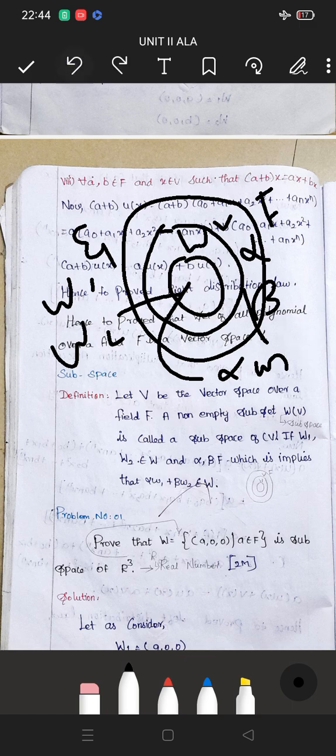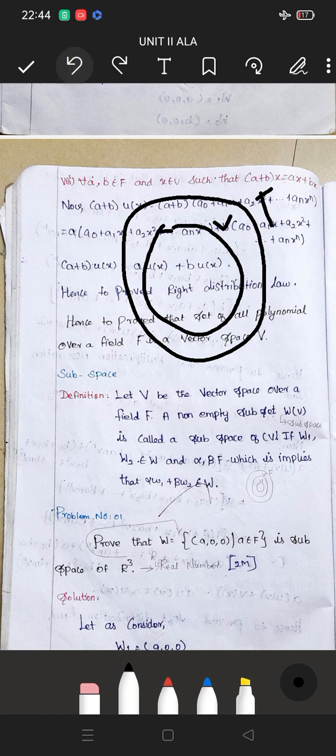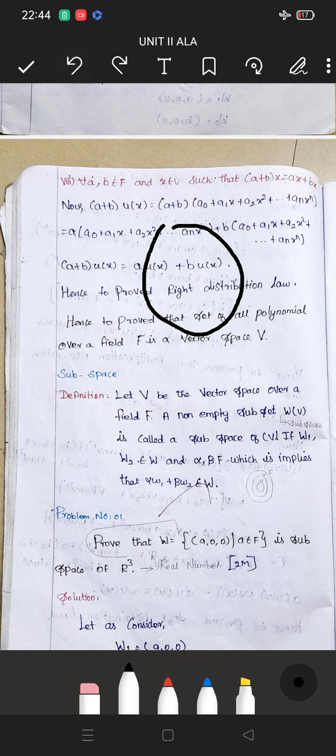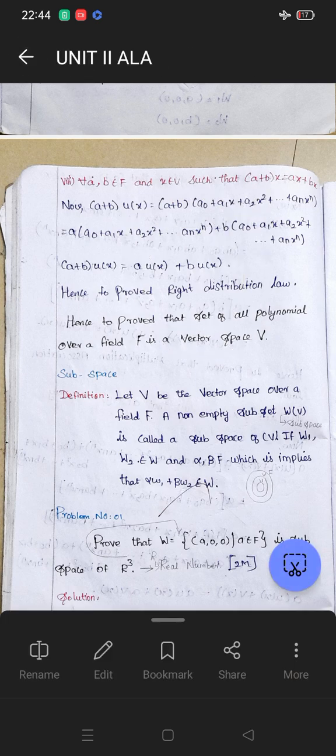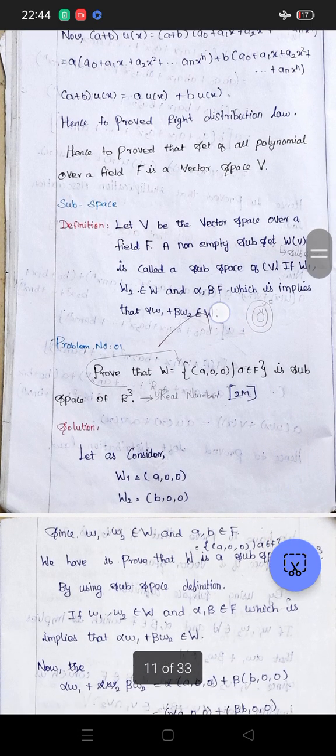Okay, you can imagine V is a vector space over a field F and W is a subspace of V. A subspace having the elements W1 and W2 and alpha and beta two scalars in F, which implies that alpha W1 plus beta W2 belongs to W. Satisfying these conditions means that the given set of elements is a subspace W.